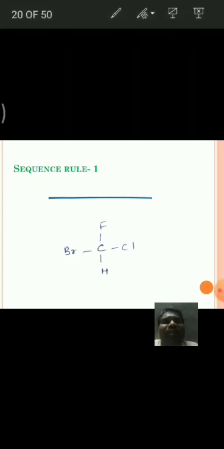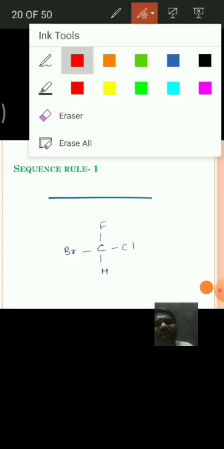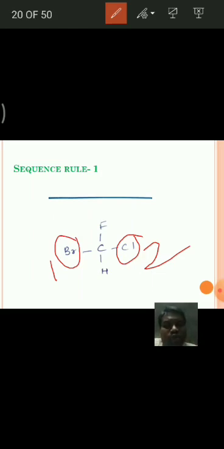If you see this molecule, the carbon is attached to 4 different groups: bromine, fluorine, chlorine and hydrogen. Bromine has the highest atomic number, hence we should give it priority 1. Chlorine is the next higher atomic number atom, hence we should give priority 2 to this chlorine.